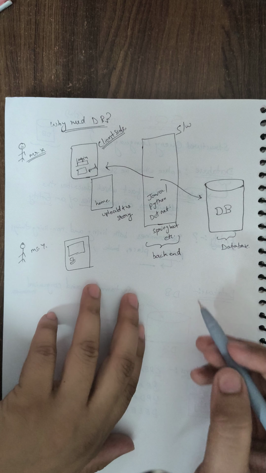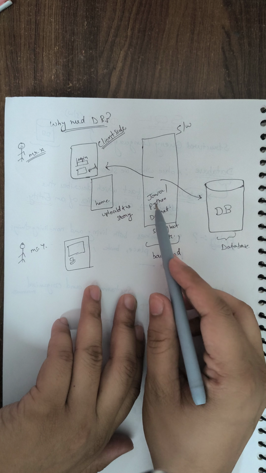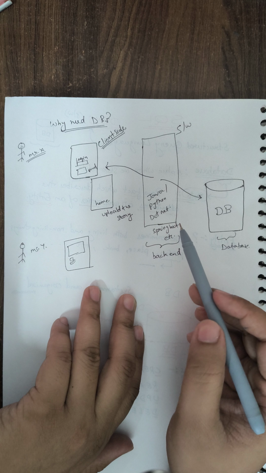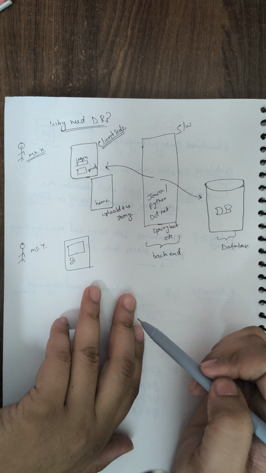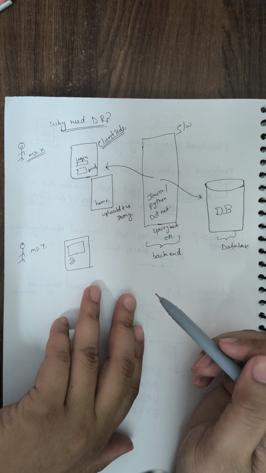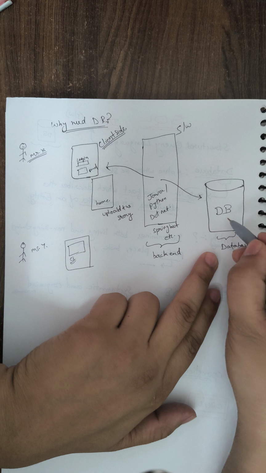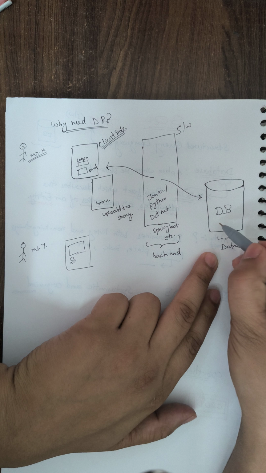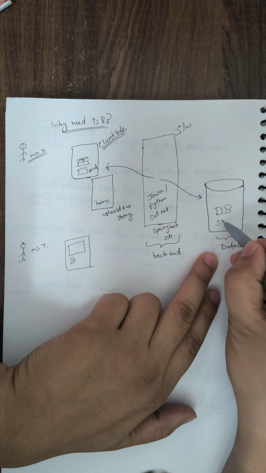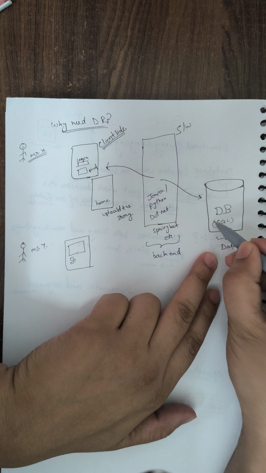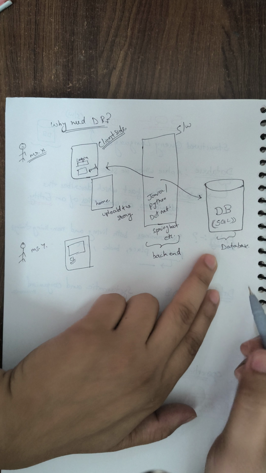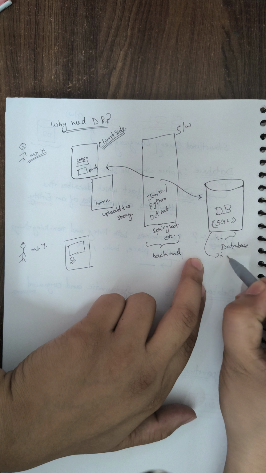So if Java, Python, and .NET are being used at the backend, then what is being used at the database? We know for a database you need to use the language SQL to communicate with any database, especially RDBMS.